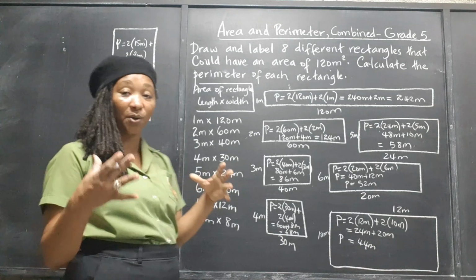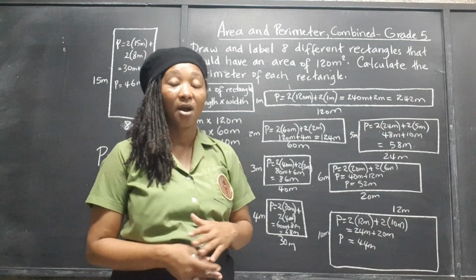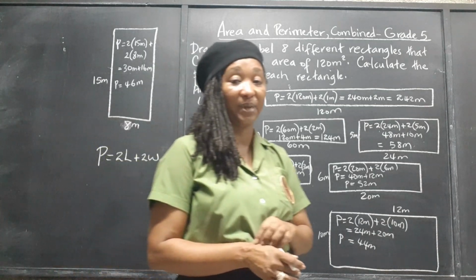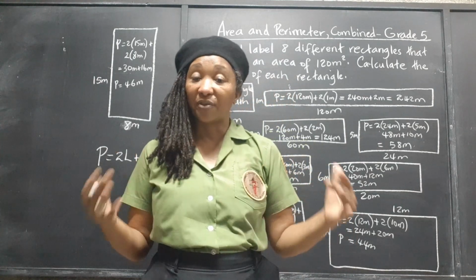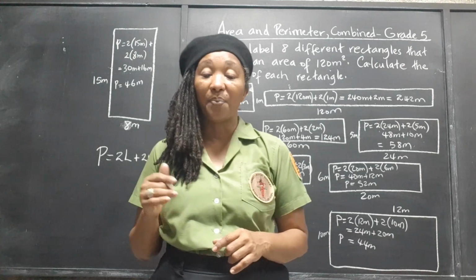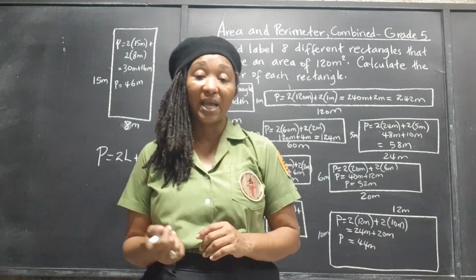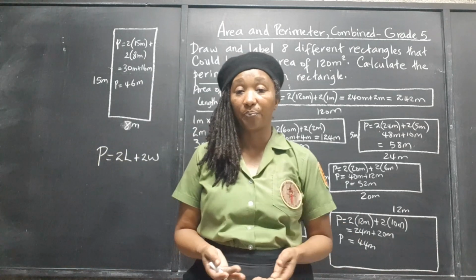Some came pretty close to each other, but none having the same perimeter. So that shows us that rectangles, several of them can have the same area, but the perimeter will more than likely not be the same. So you can do your own experiments at home, right?